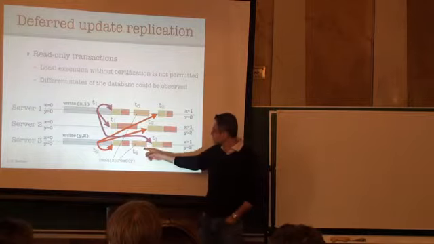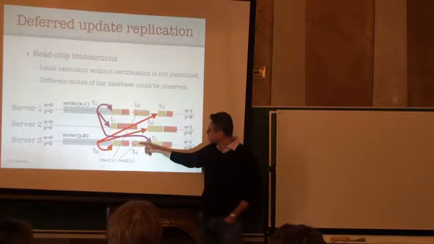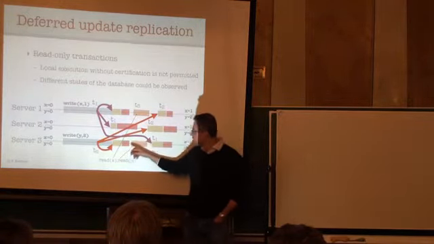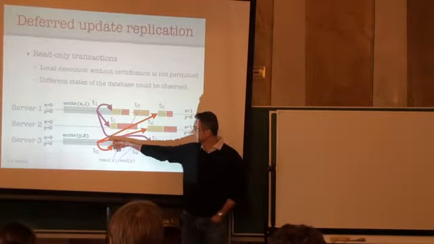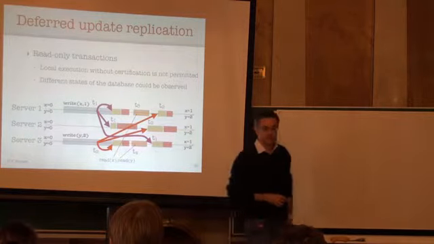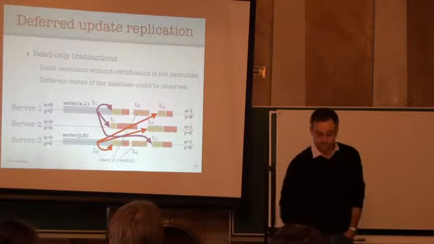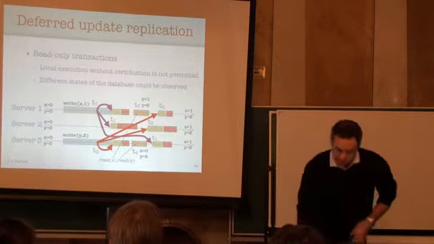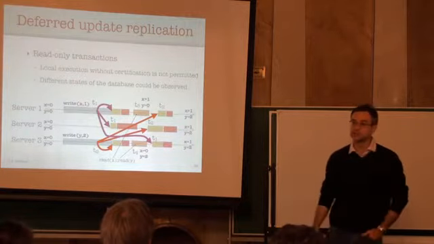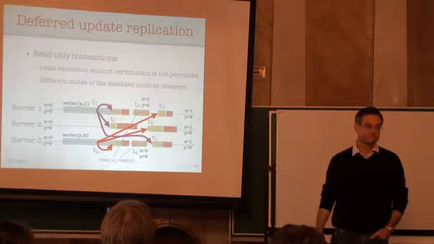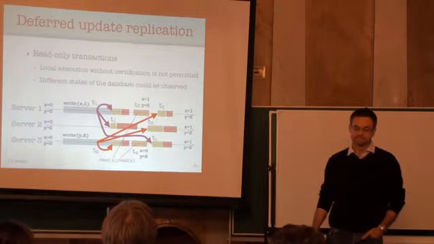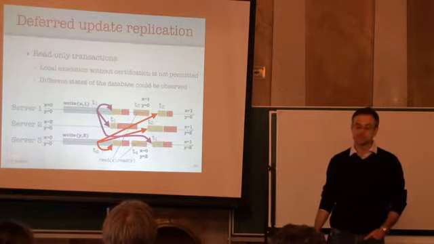Now what happens to transaction T4? When it reads X, it sees the original value of X, 0. And when it reads Y, it sees the change made by the second transaction. So in reality, I have a situation like this. Is this serializable? There is no way it can be serializable.